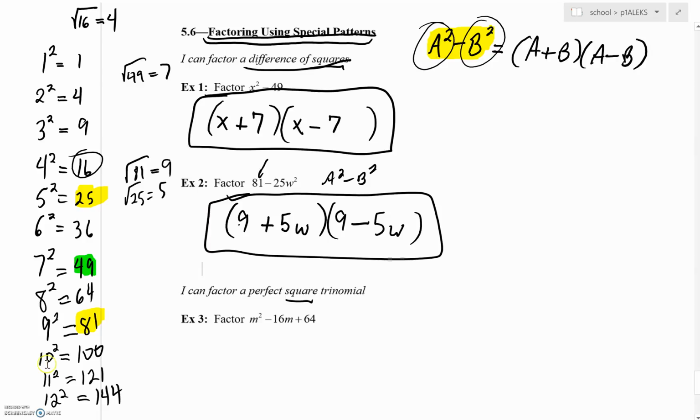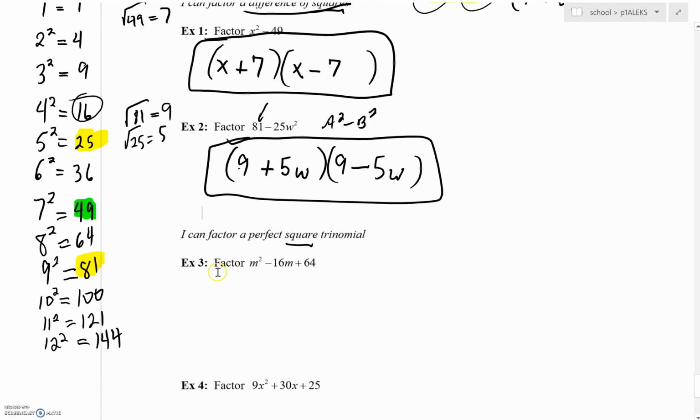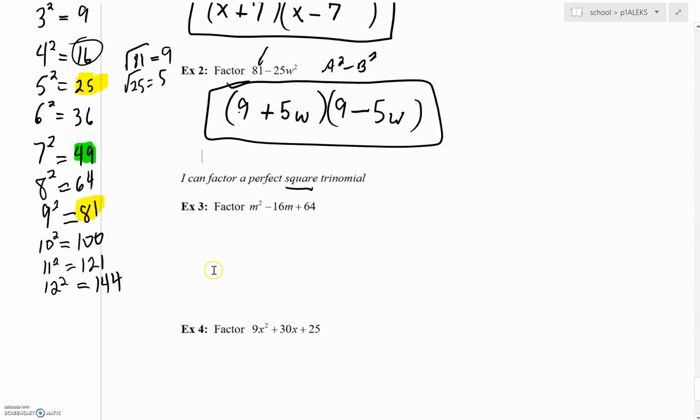How about that? All right, perfect square trinomials. Perfect square trinomials are very, very special types of problems. What that means is you're going to have identical numbers in the wheel. And when they're saying look for perfect square trinomials, again, you're going to be going from this number in the list.